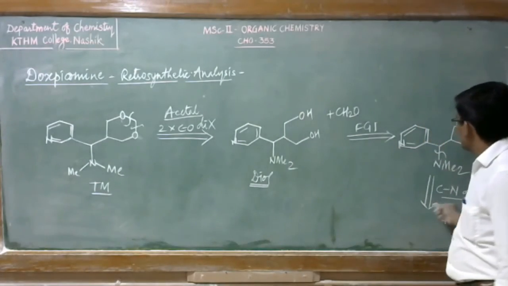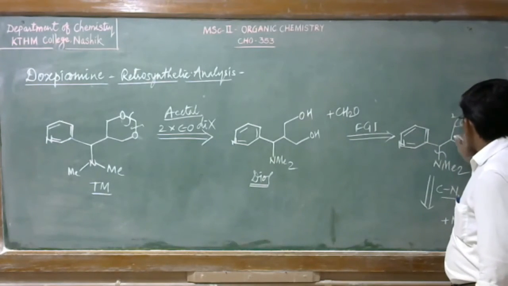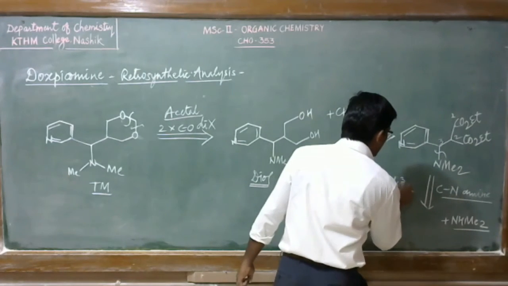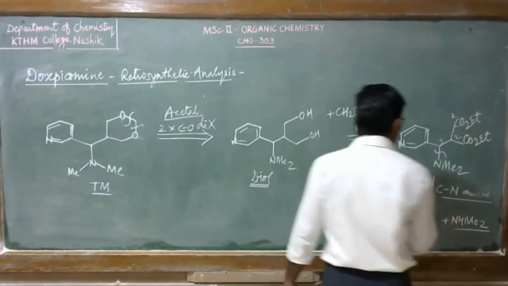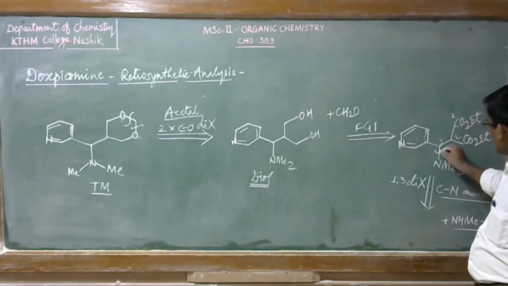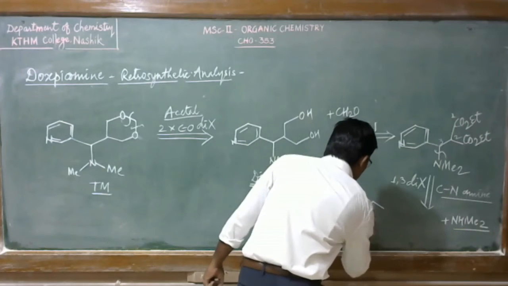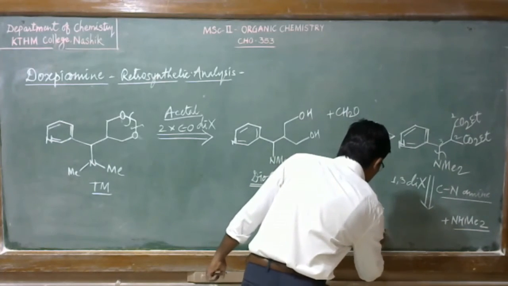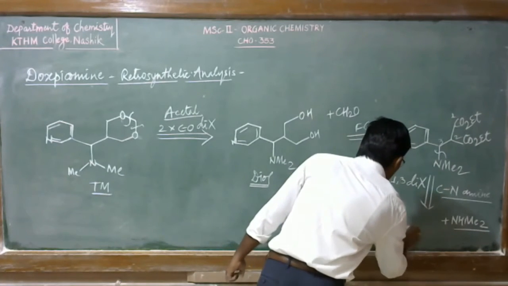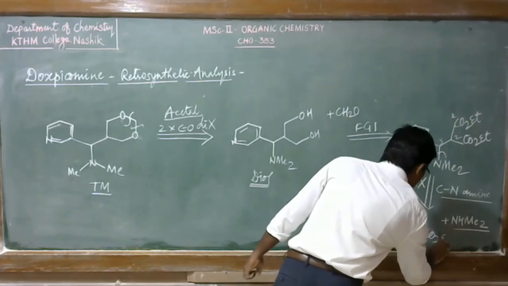So here, when you cleave this bond, this is 1-3 fashion, 1, 2, 3. So this is actually 1-3 disconnection. Okay, 1-3 disconnection, 1, 2, 3. So we could get this secondary amine plus this diester.